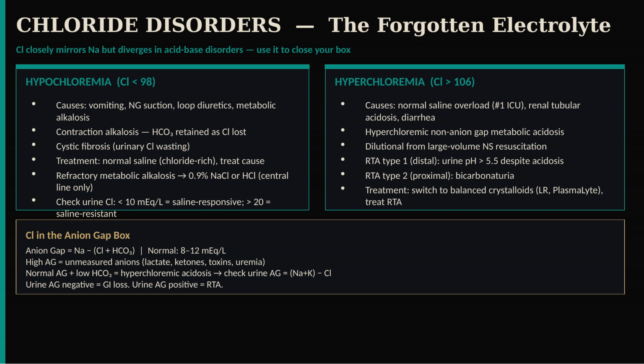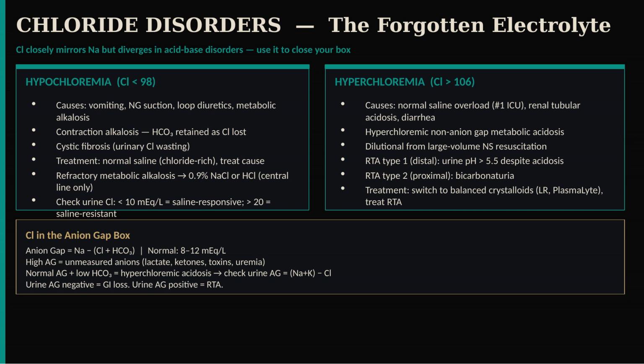The number one ICU cause is normal saline overload because saline has far more chloride than plasma does. Pour in enough, and you get a hyperchloremic, non-anion gap metabolic acidosis. Other causes are renal tubular acidosis and diarrhea. The fix for saline-induced hyperchloremia is to switch to balanced crystalloids, lactated Ringer's, or Plasma-Lyte.